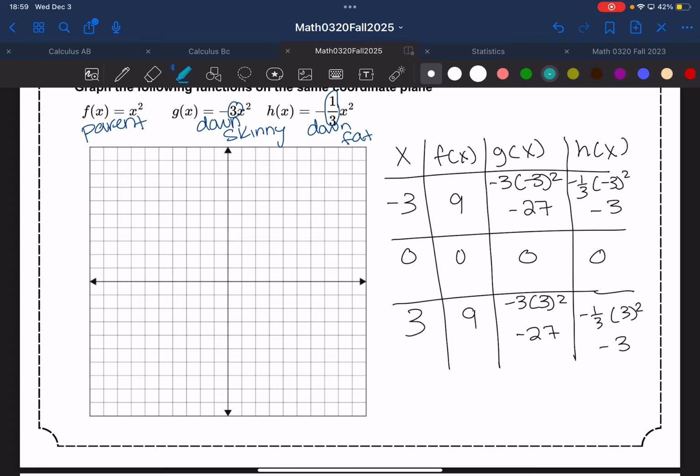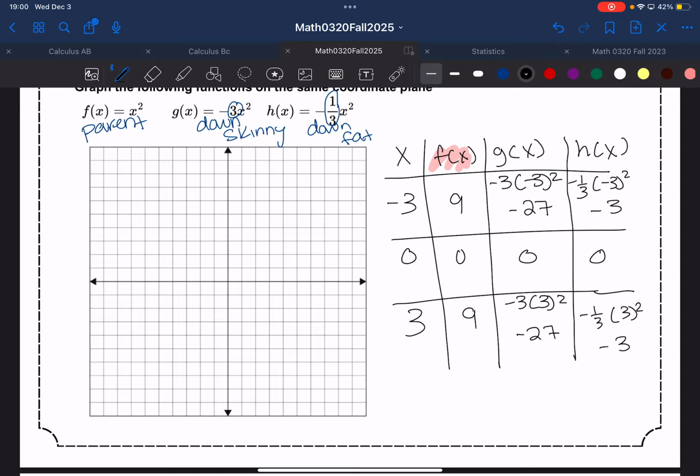Okay. So when I'm graphing this, the thing that you're going to notice is that my parent function is going to be the only function facing up. The rest of them are going to be facing down. So graphing this, what number do we want to go by now? 3, that works.